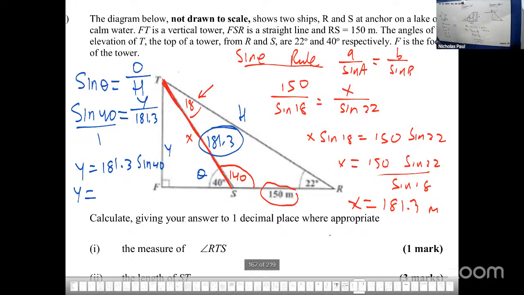How much is that? 116.1, one decimal place, so 0.9. Copy down. Let's go again.